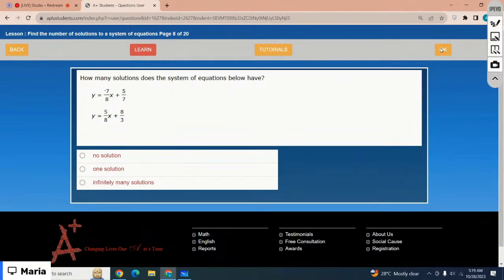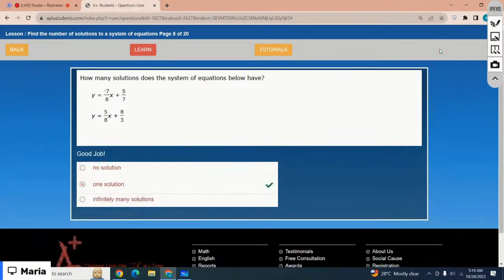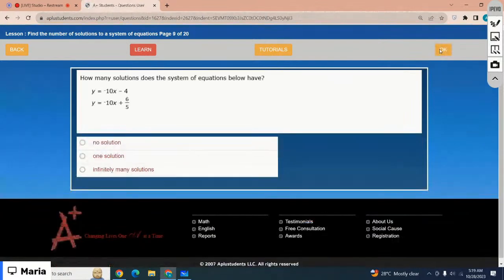Both the equations have different slopes and different y-intercepts, right? So the system of equations has one solution, right? The correct option is one solution. How many solutions does the system of equations below have? Which is the correct option?